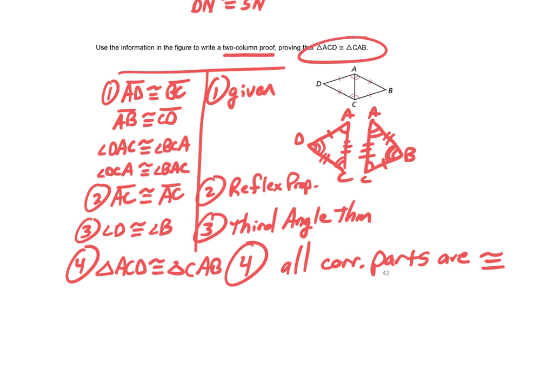All 6 pieces are congruent. It's not really a theorem, but we just have to prove all the parts before we can say they're congruent. Okay.